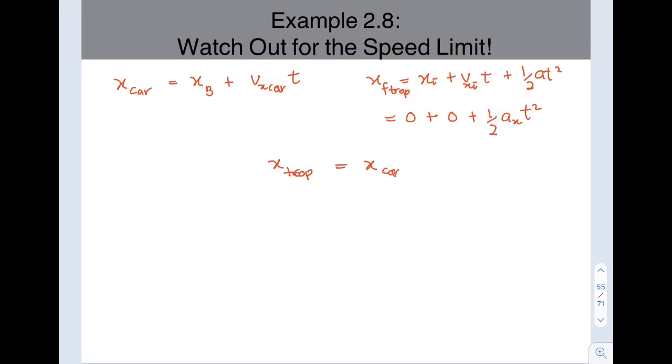Their positions must be the same. The trooper only has half ax t squared. The car is positioned at xB plus Vx of the car times t.